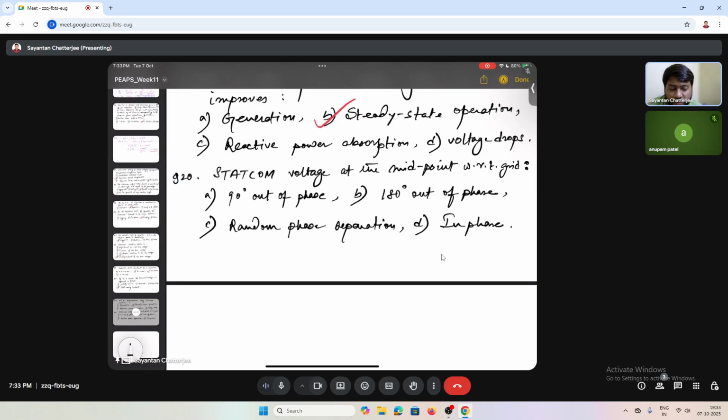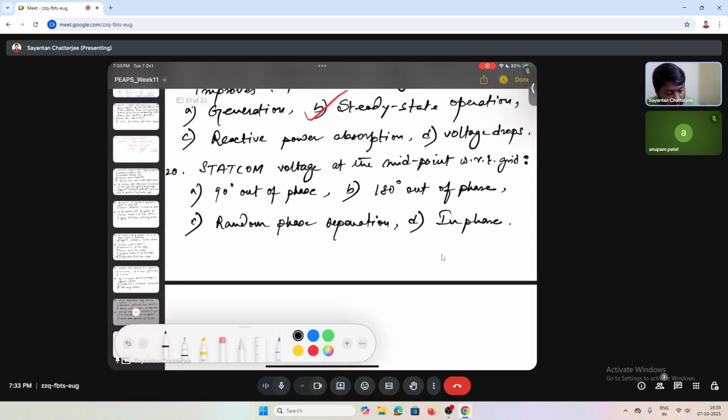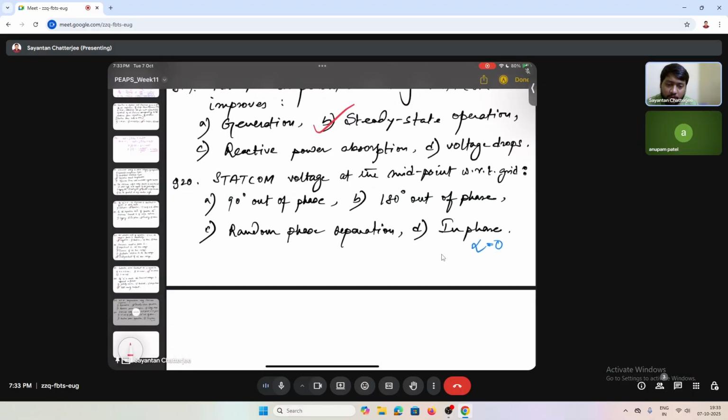So phase angle should be in phase, I guess, because otherwise reactive power compensation in addition to active power compensation will be taking place. Means active power flow, not compensation, I would say. So both the voltages should be in phase, means the alpha value must be zero for ideal operation. So in phase is the correct answer. Is it okay? Okay, okay, sir.